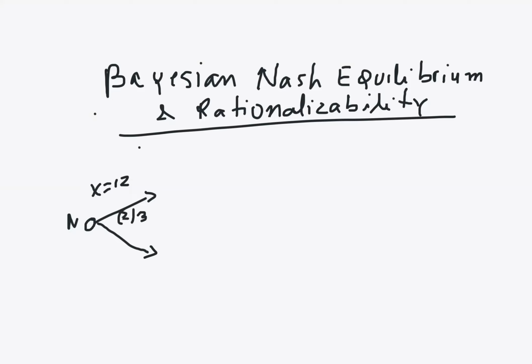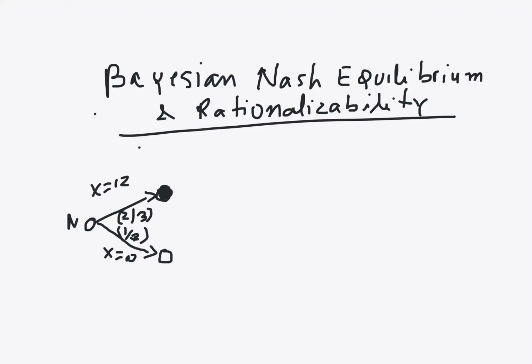So this is the probability that nature selects player one to be type 12, x equals 12. You can call it anything, it doesn't matter. And here, x equals 0, and the probability of that is 1/3. So nature determines whether player one is going to be of type 12 or type 0, okay?